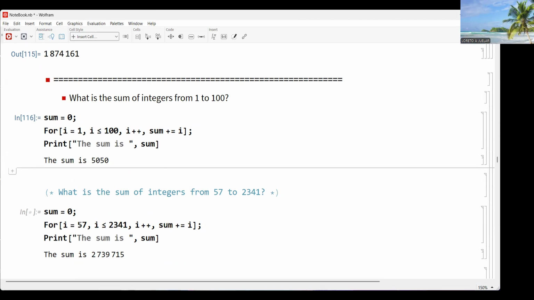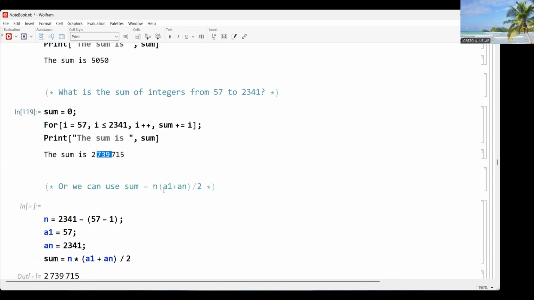So we start at i equal to 57 here, and the last term here is 2341. The sum is 2,739,700.